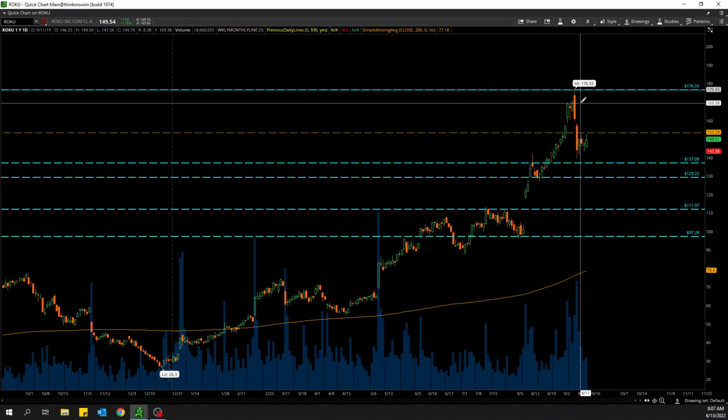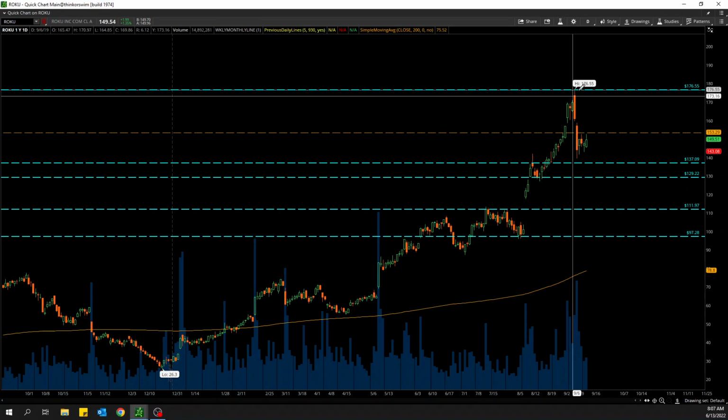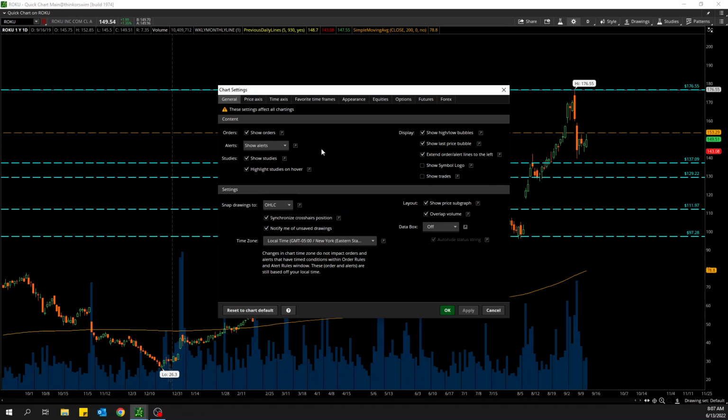That's the highest point. Now, if you look at this and see that it gapped down, the reason for that gap down was because of news. So let me go back here.